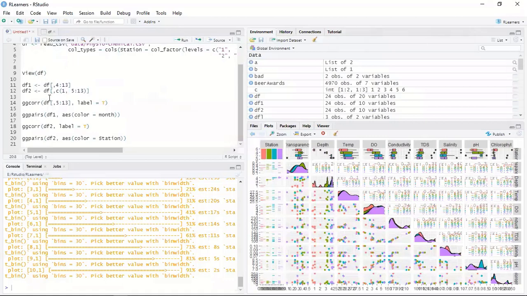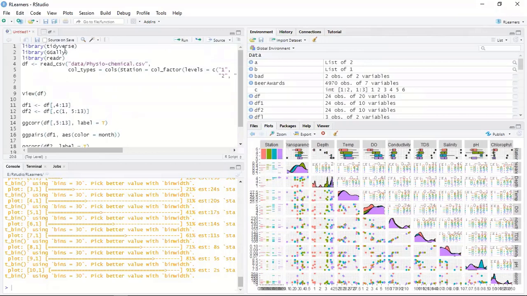So that's it. That's what the GGally package does for you. It provides a visualization for the correlation of any of your data, and also for the distribution of the data, using ggcorr and ggpairs.